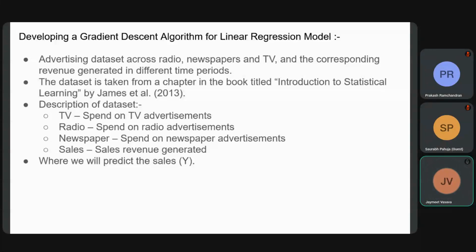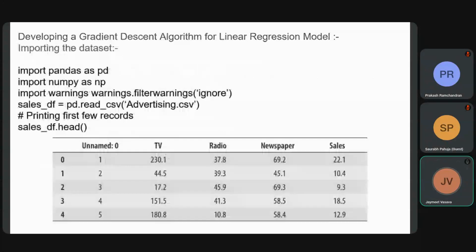What we'll be trying to predict is the sales depending on these three variables: TV, radio, and newspaper. So we are simply reading the dataset. The first few values of the dataset look something like this. You can see that for the zeroth index, the TV, radio, newspaper, sales and so on.